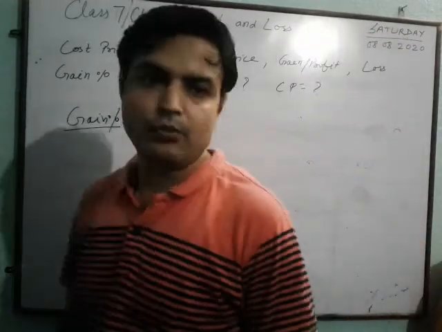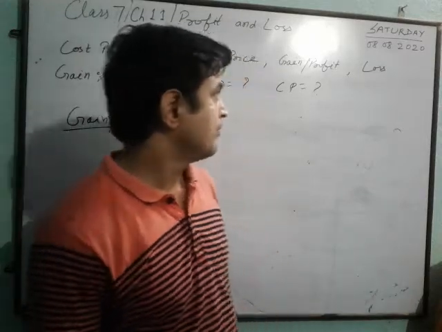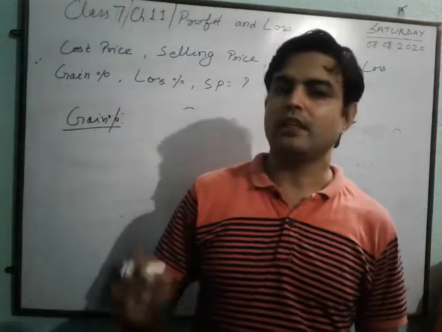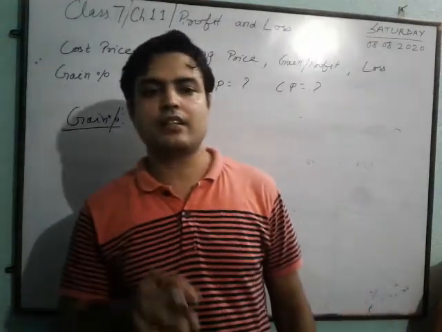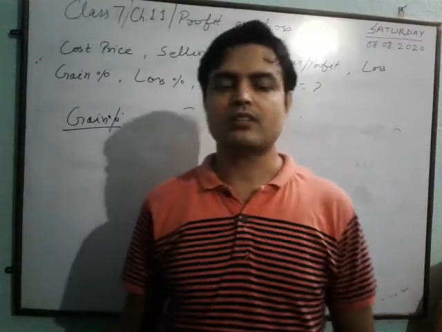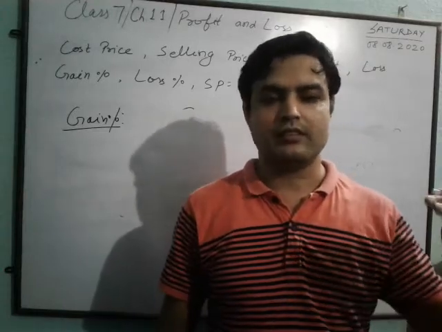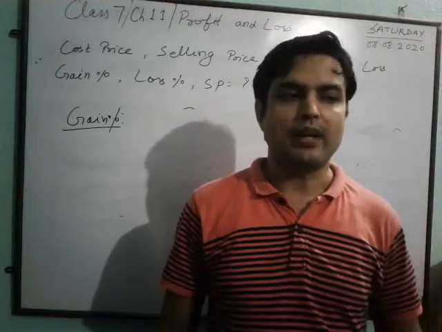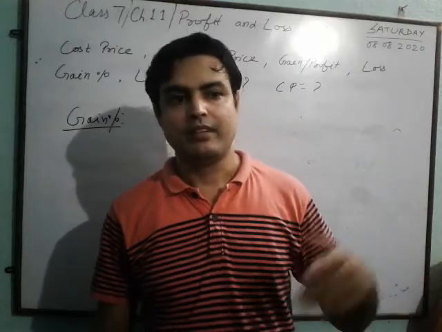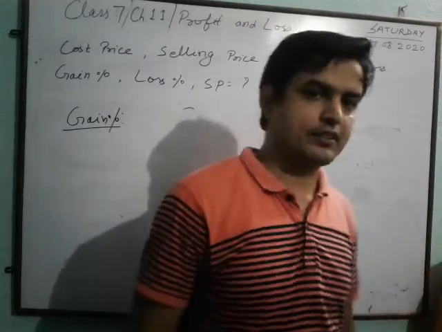And here one thing is to be noticed, whether it is gain percent or loss percent: it is always calculated on the basis of cost price, because cost price is the original sum that anybody invests, and whatever they get, whether it is loss or gain, it is calculated regarding cost price.